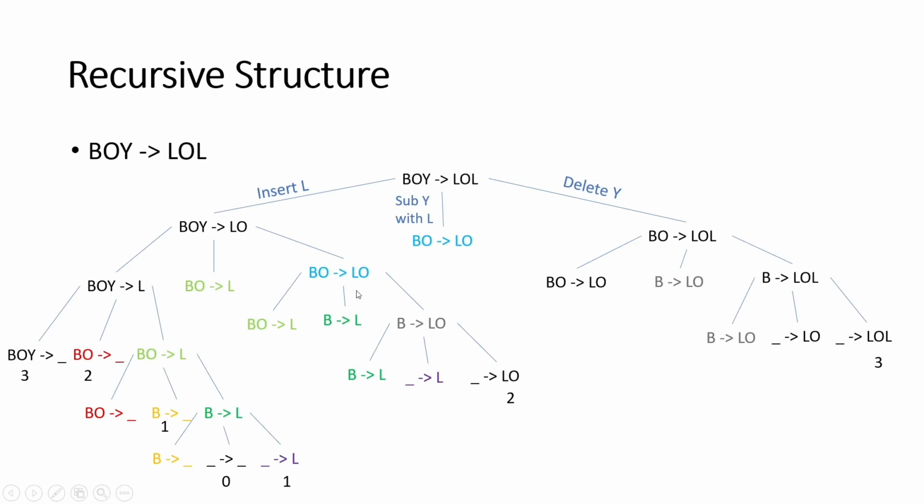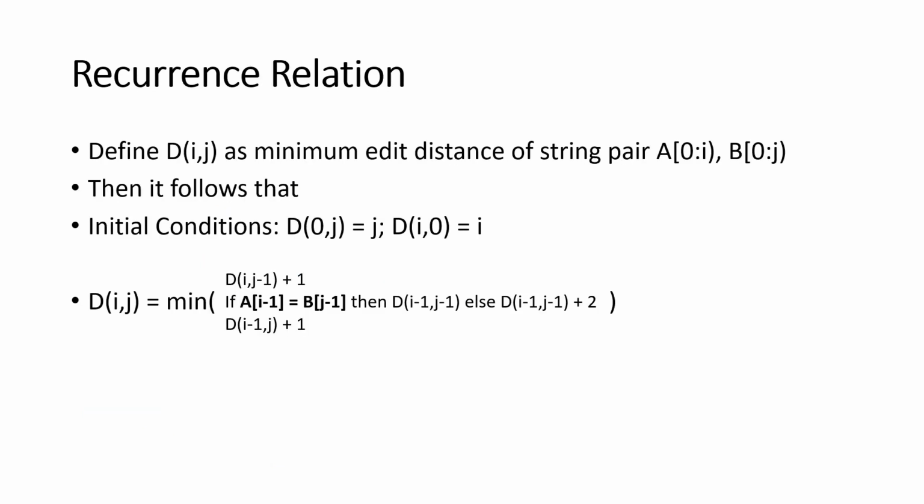If you substitute here, you are basically substituting O with O, which is weird and wrong because you don't have to substitute O with O. It's just the same character. So you can treat that as cost zero, which means you don't do any operations and you just take on the value of d of i minus 1, j minus 1 directly.